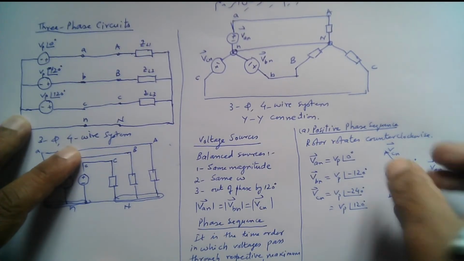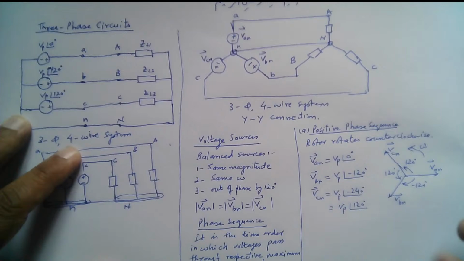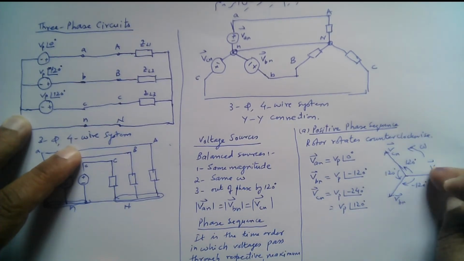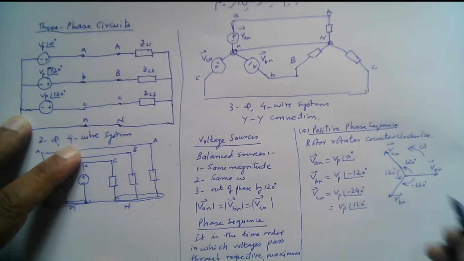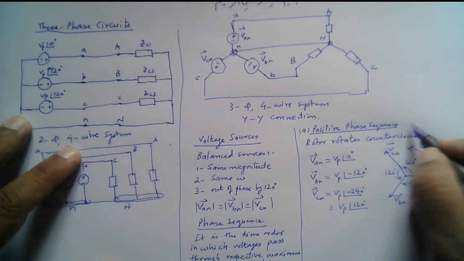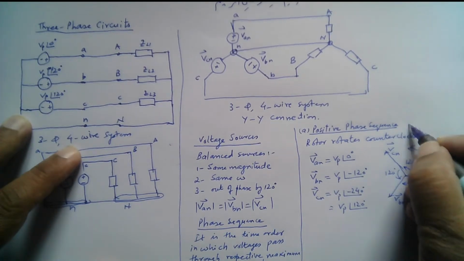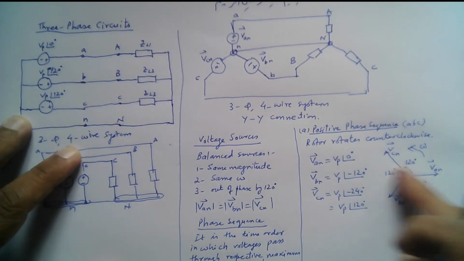If I rotate these phases in the counterclockwise direction, omega is in this direction. Watch this point. Here we have VAN, and then as we rotate, next comes VBN, and then if we rotate further, next comes VCN, right? So this is also called the ABC sequence: first A, then B, then C. VAN, then VBN, then VCN. And all these phases are separated by 120 degrees.